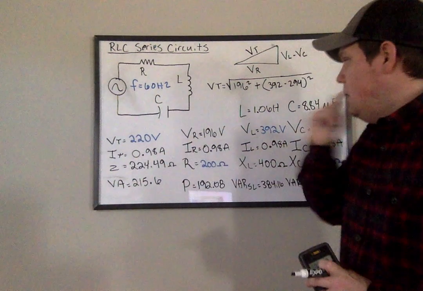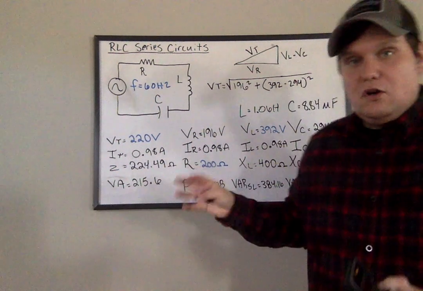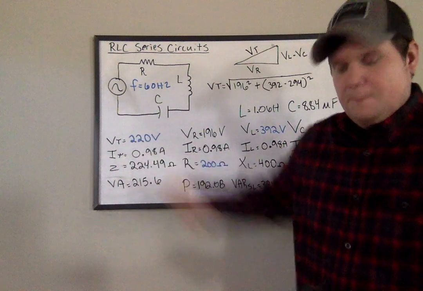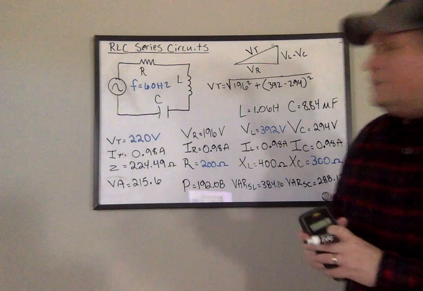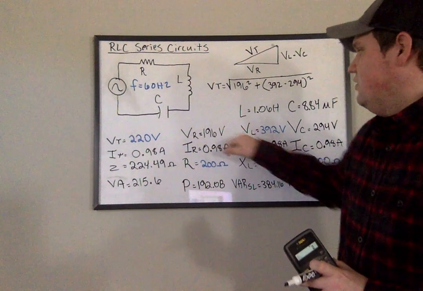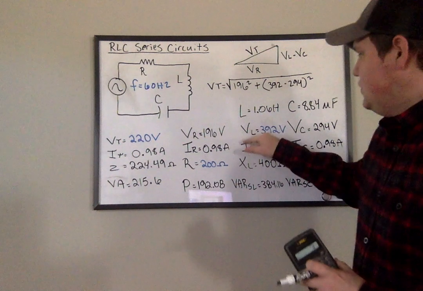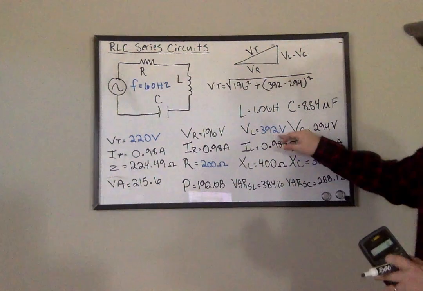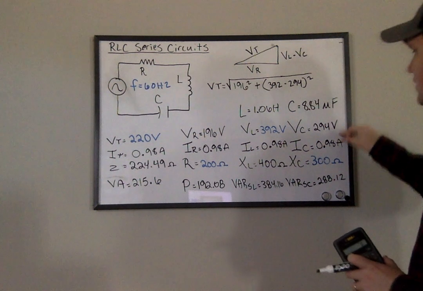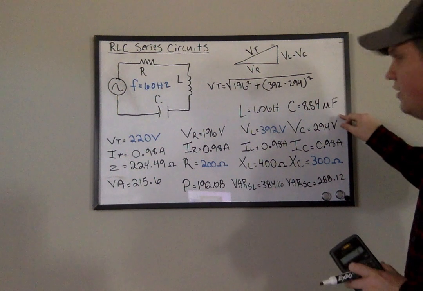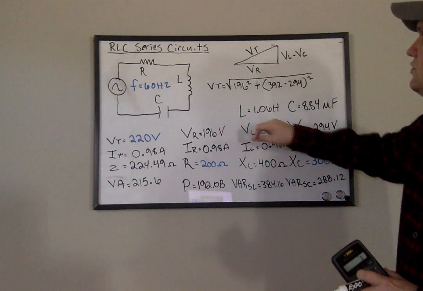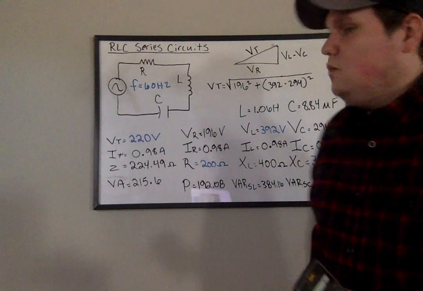We know that our voltage values are correct because it equals 220. Again, in the calculator, you key in 196 squared plus parentheses 392 minus 294 close parentheses squared, hit equals, take the square root, and you should have 220.